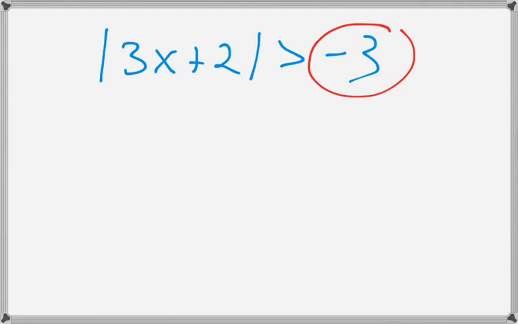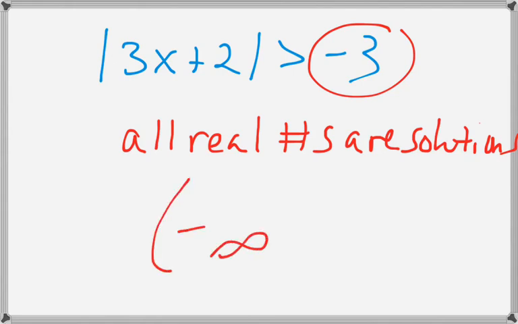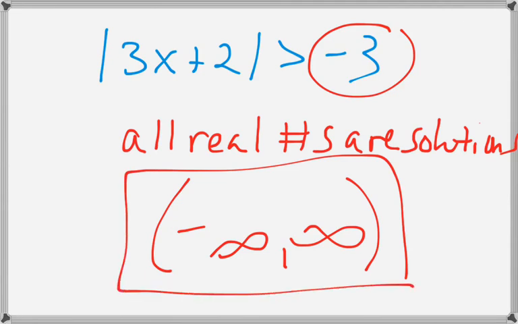So no matter what you substitute for x, this will always be a true statement. So all real numbers are solutions here. And we discussed before in a previous video, to write all real numbers in interval notation, we use this interval here.